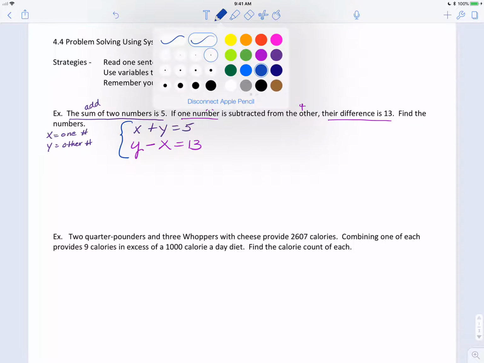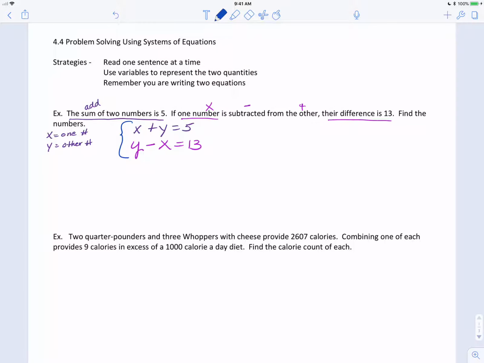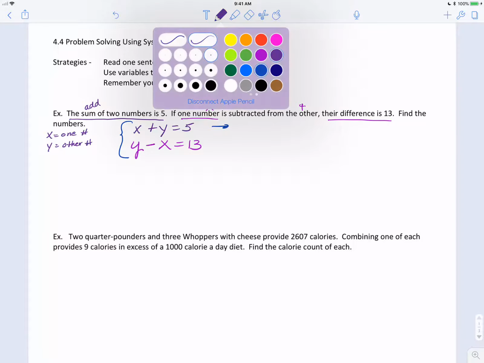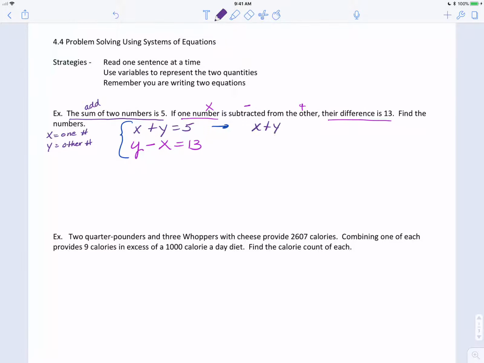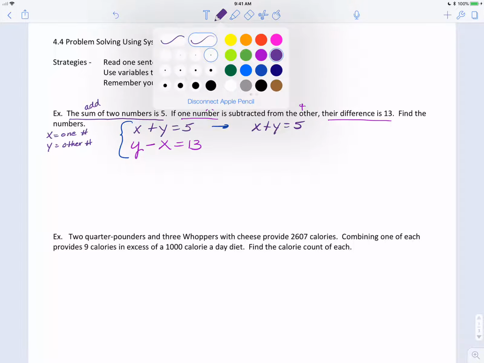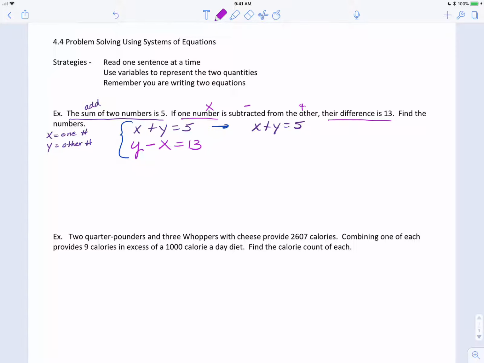and now we're going to go figure out how to solve for them. Okay, well, first step, remember, it has to be in ax plus by is equal to c format. So the first one already is for us. Let me go see, x plus y is equal to 5. Well, the second one is in y minus x is equal to 13.